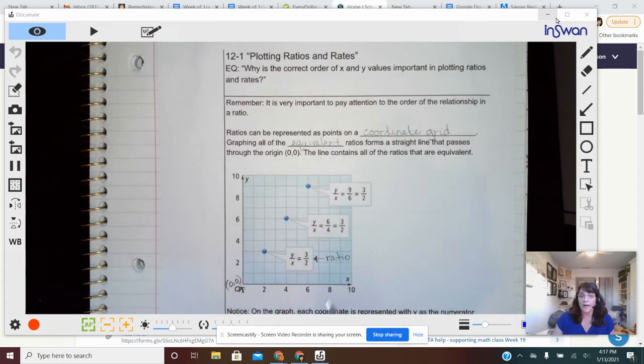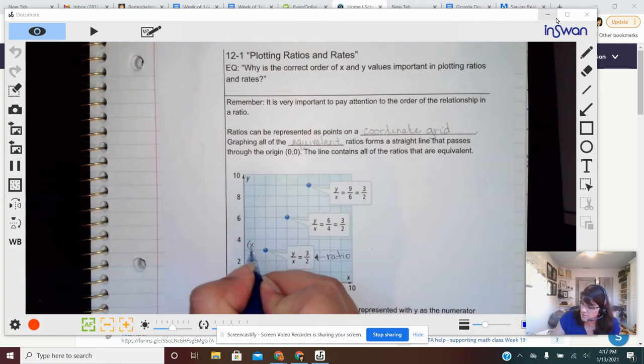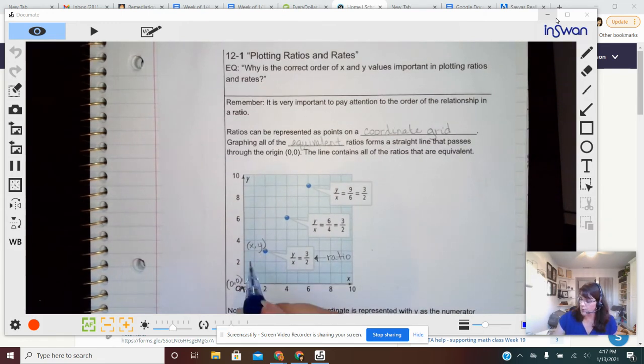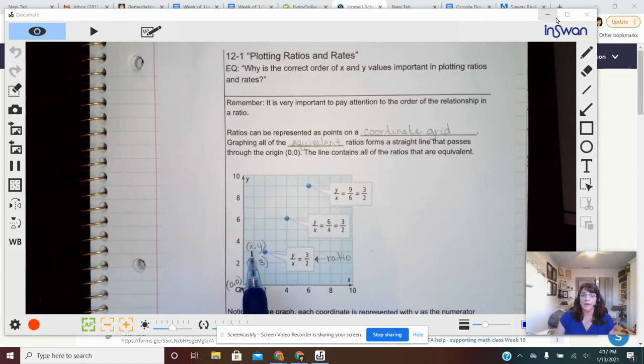But when we graph it, please know that you graph everything in the form x, comma, y. So this point would be marked 2, comma, 3. So the order for a coordinate pair is x, then y.